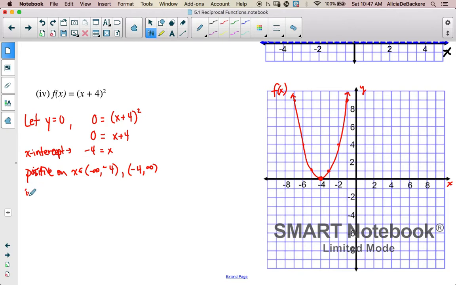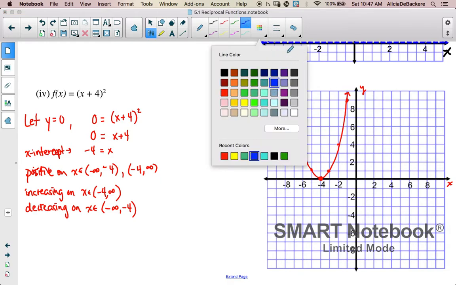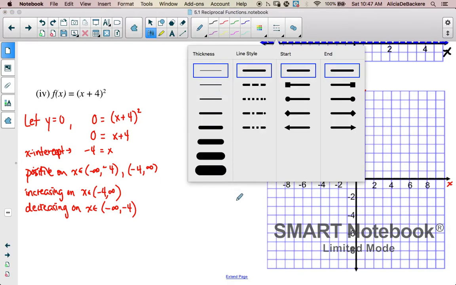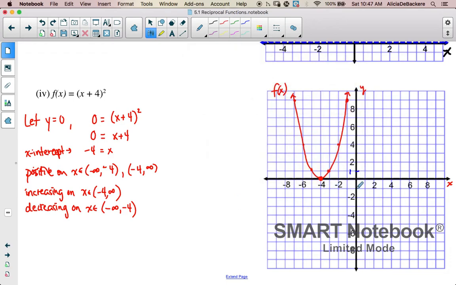So next we are increasing. We're increasing after we pass over the vertex. And we're decreasing before we get to the vertex. All right, where is y equal to 1 or -1? So I'm looking at 1 or at -1.